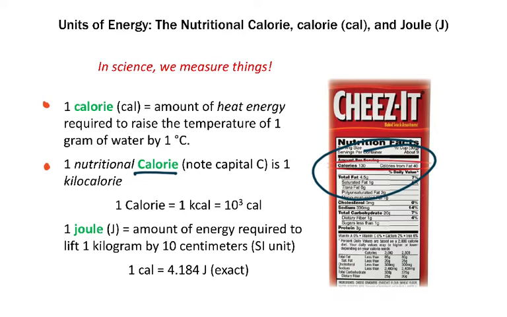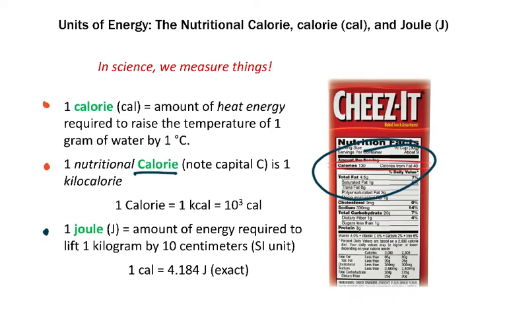The scientific SI unit, the standard international unit, is actually called the joule. So one joule is similar, but it has a different definition. It's the amount of energy required to lift 1 kilogram by 10 centimeters. That sounds kind of weird, but you could think about energy as lifting something a height of 10 centimeters.